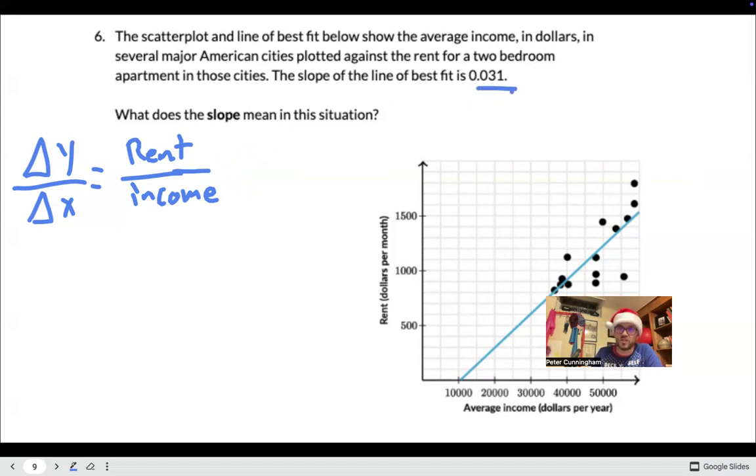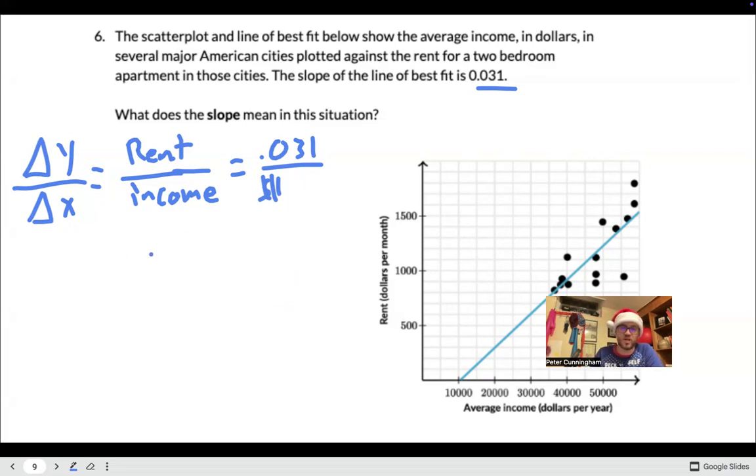We have 0.031. What does that mean? That means that $0.031 of rent goes up for every $1 in income that goes up. Even though mathematically that makes sense, that's probably not how people would describe it, right?